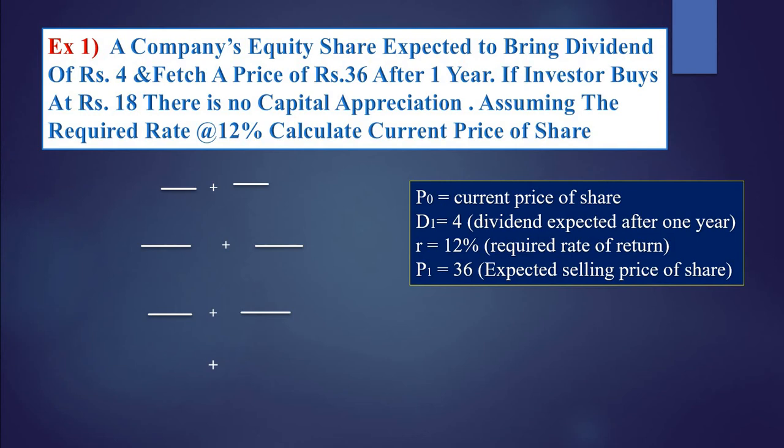Assuming the required rate of return is 12%, calculate the current price of the share. The first line says the equity share is expected to bring a dividend of rupees 4, so 4 is the dividend, that is our D1. What we have to calculate is P naught, our current price of the share.